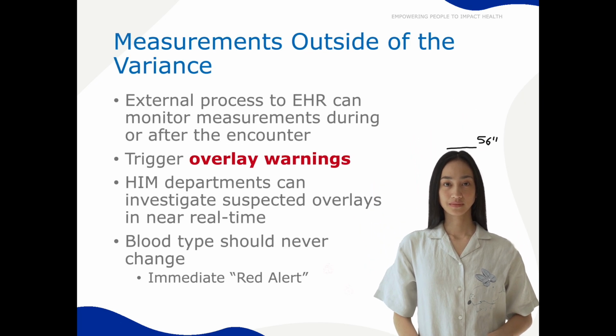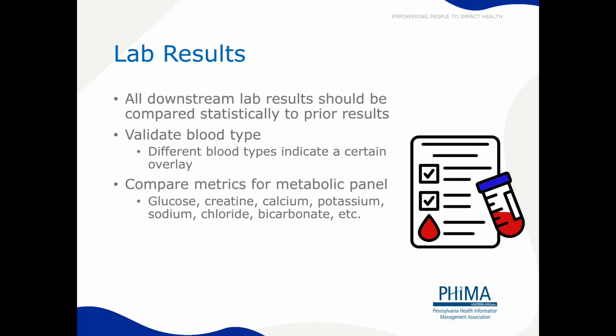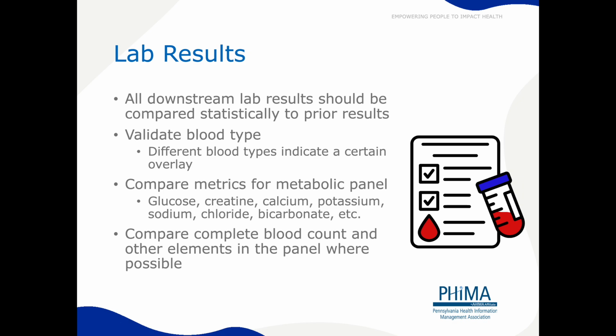But one thing's for sure, the blood type should never change. We need to alert on that as soon as we detect lab results that have a different blood type than what other lab results have given us. Also the metabolic panels, the glucose, the creatinine, the calciums, potassiums, sodiums, chlorides, bicarbonates, etc. all have different levels that can be tracked to determine if anything's anomalous with prior measurements.